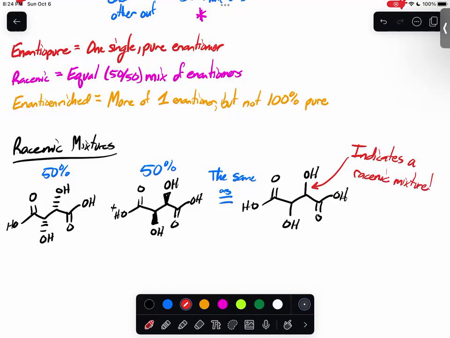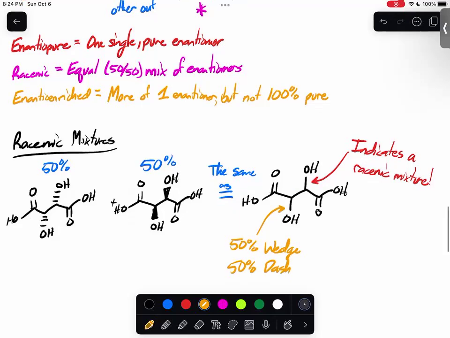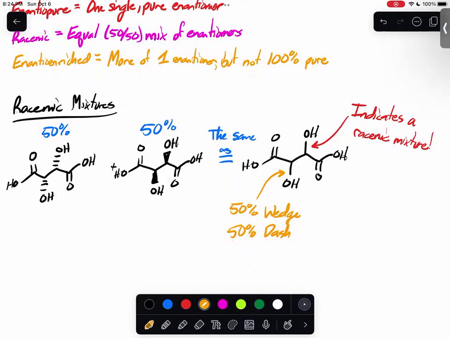So from now on, if you see a carbon that should be chiral, right, it should have some stereochemistry attributed to it, but instead it's just a straight line drawn, you can think of it as that straight line right there is 50% of the time a wedge and 50% of the time a dash. Okay? So, that being said, keep that in mind as we go along.